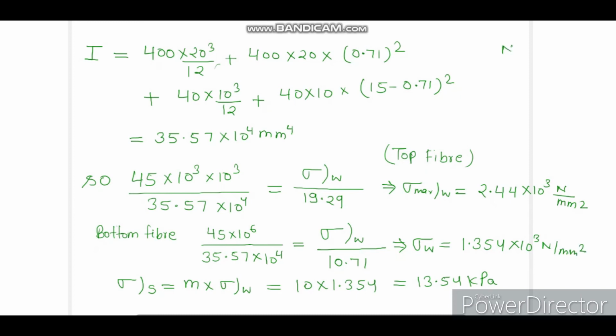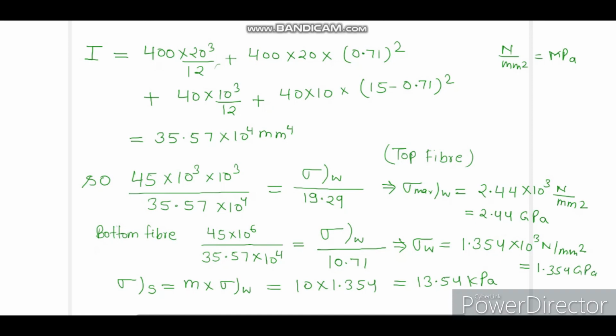We know Newton per mm squared is equal to megapascal, so this is 2.44 gigapascal. This will also become 1.354 gigapascal.